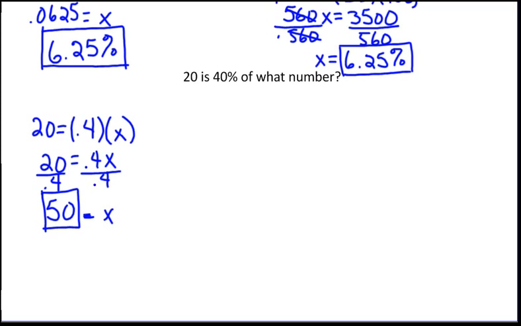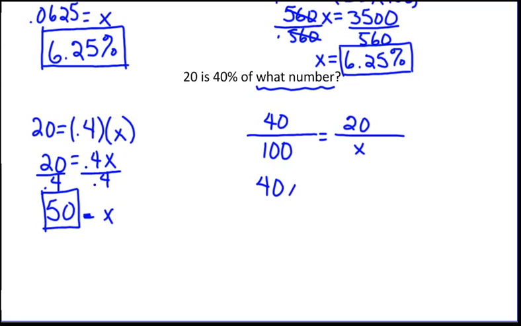If we do the same problem with a proportion, the 40 will go over the 100. Whatever comes after the word of will go on the bottom, and there's only one place left for 20.